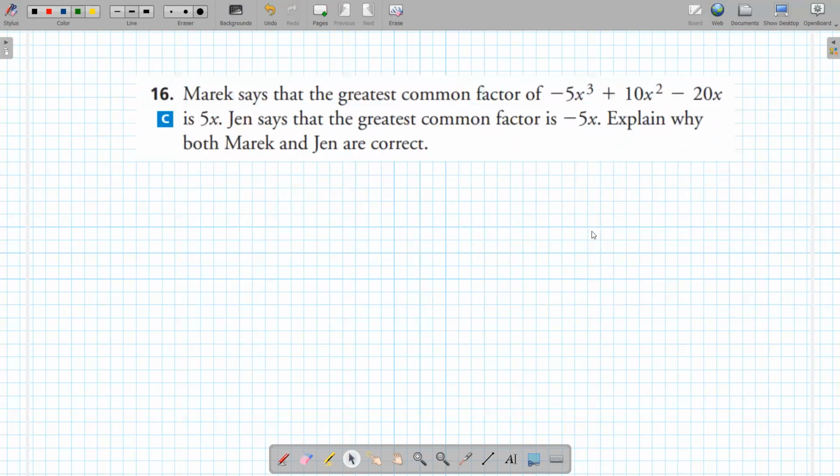So this guy says the GCF is 5x, the next guy says the GCF is negative 5x. Who's right? Well, both of them are right. If you pull out 5x, let me just rewrite this, maybe it'll be easier. 10x squared minus 20x. If you pull out 5x, what are you left with?